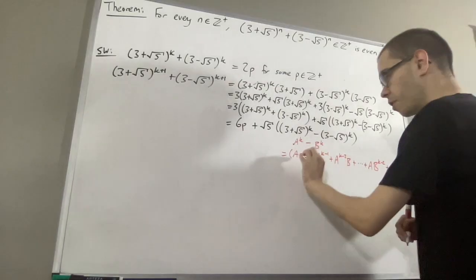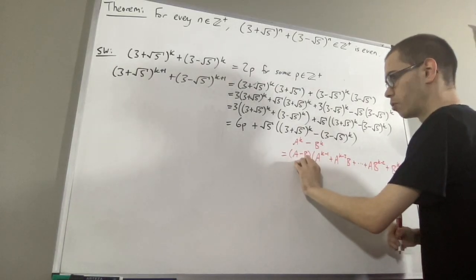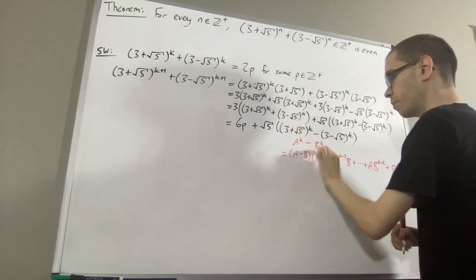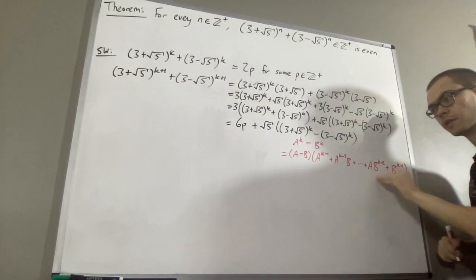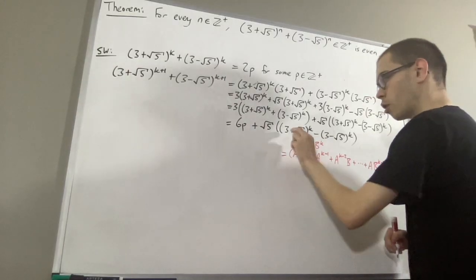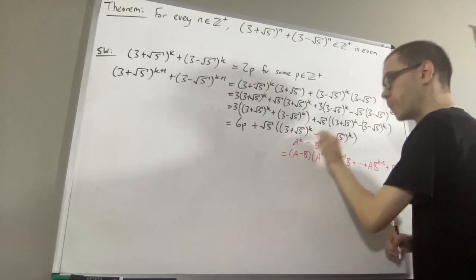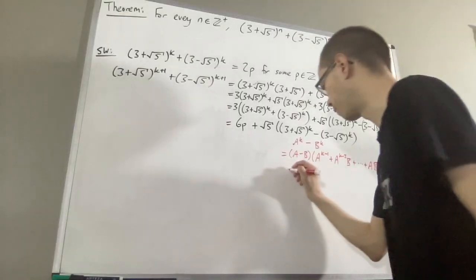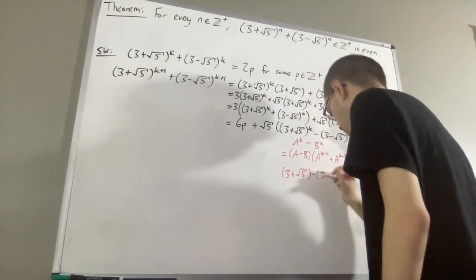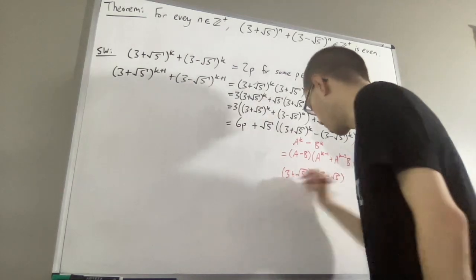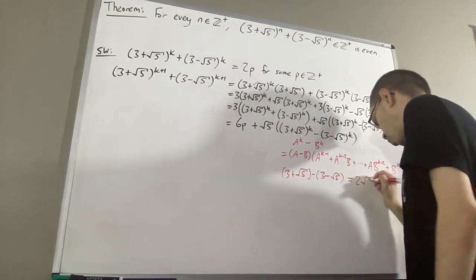So notice, the first factor is really just the difference between a and b. So if we write this guy in this form, the first factor is going to be the difference (3 + √5) − (3 − √5). And so if we actually perform that, what's that equal to? This is just equal to 2 times the square root of 5.